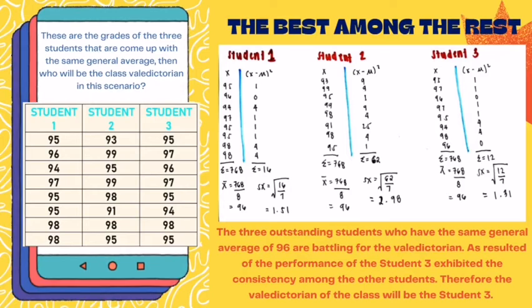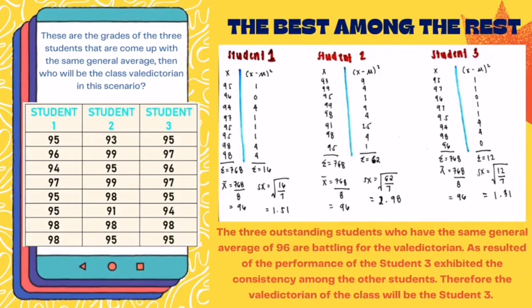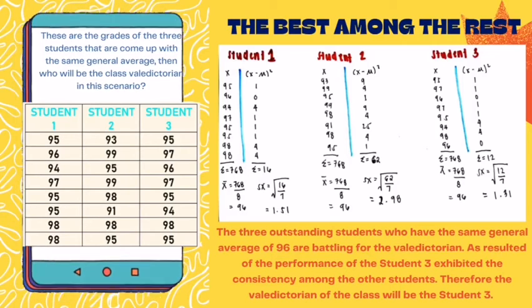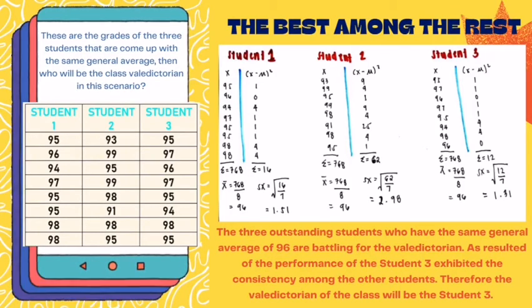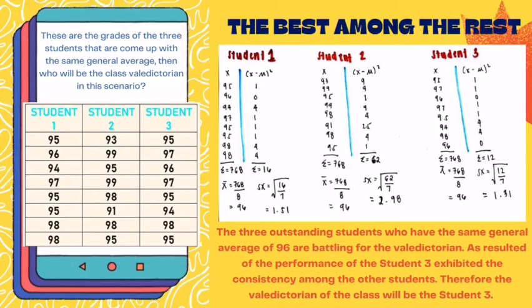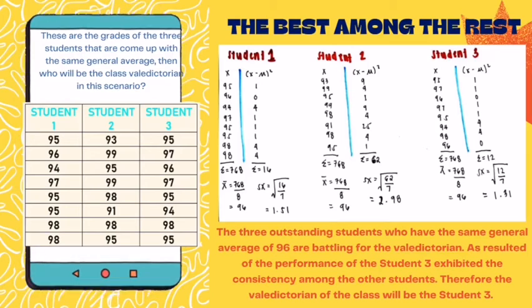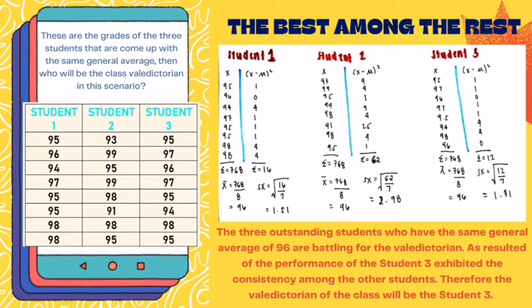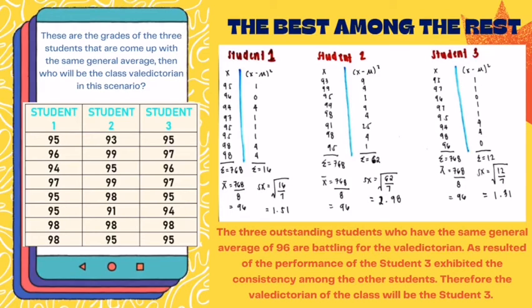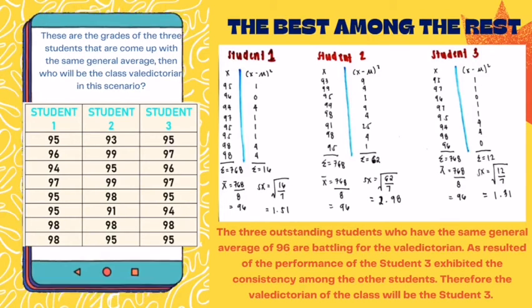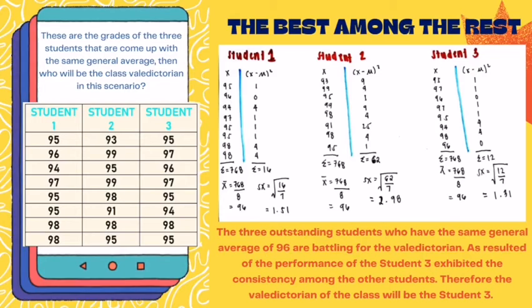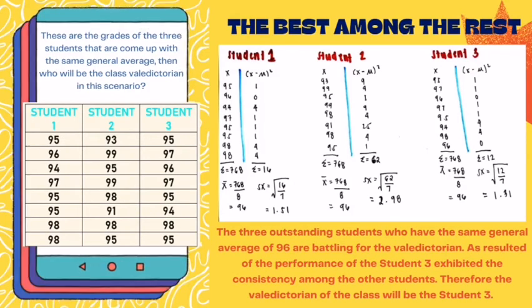The square root of 62 over 7 is equal to 2.98, and that is a high standard deviation. Last, student 3. The summation of x minus mu squared is equal to 12. The square root of 12 over 7 is equal to 1.31, and that is a low standard deviation. By examining the output of every student, we can say that student 3 is the most deserving of the valedictorian award over the 2 other students, because of the consistency of student 3's grades.